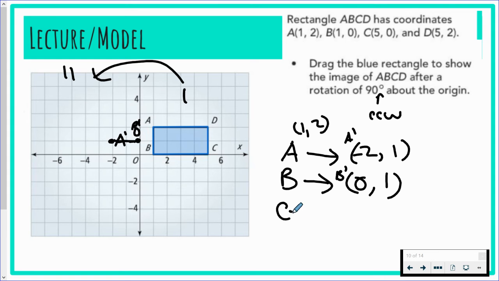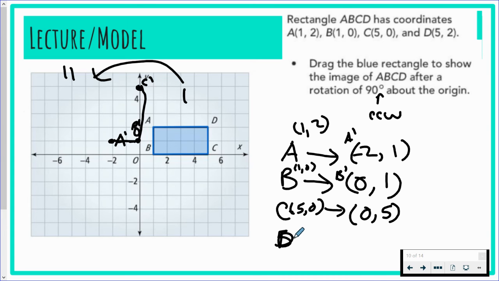Now C to C prime. C is at 5, 0. So now we're going to rotate it to 0, 5. So this is C prime.